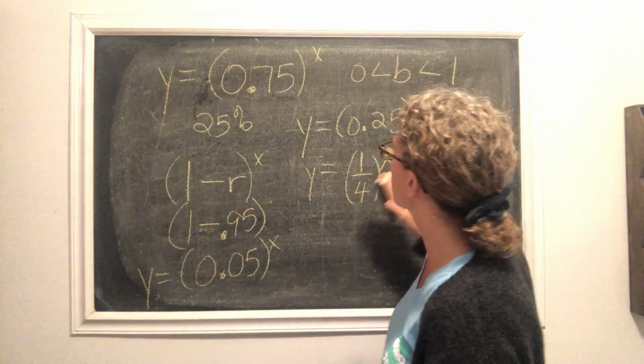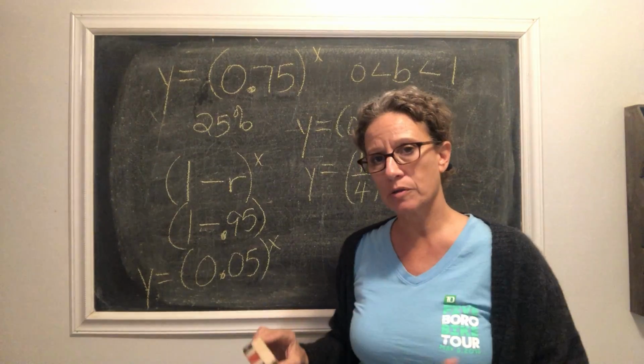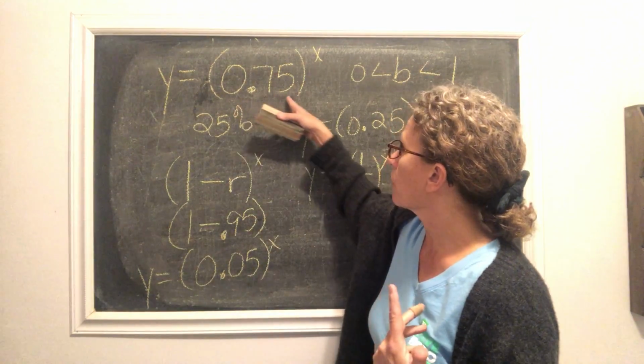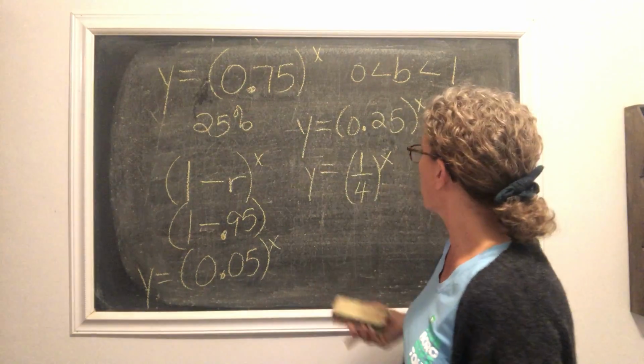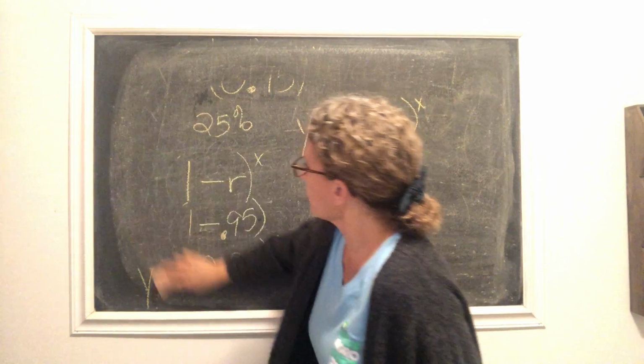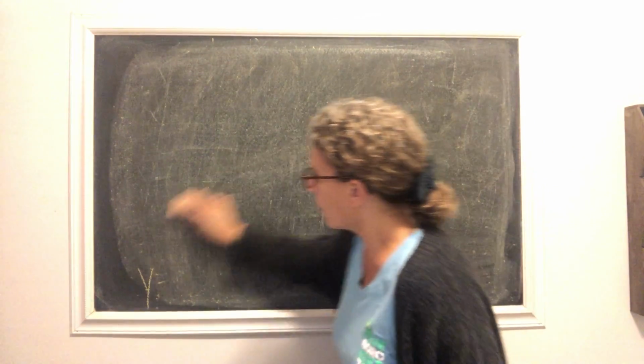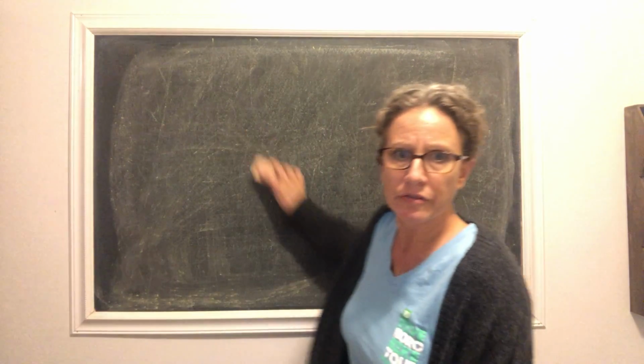If you have to find out what percent it's going down, you have to figure out what you add to this in order to get 1. Okay, now with that being said, let's move on to a real problem where you might have to use this.